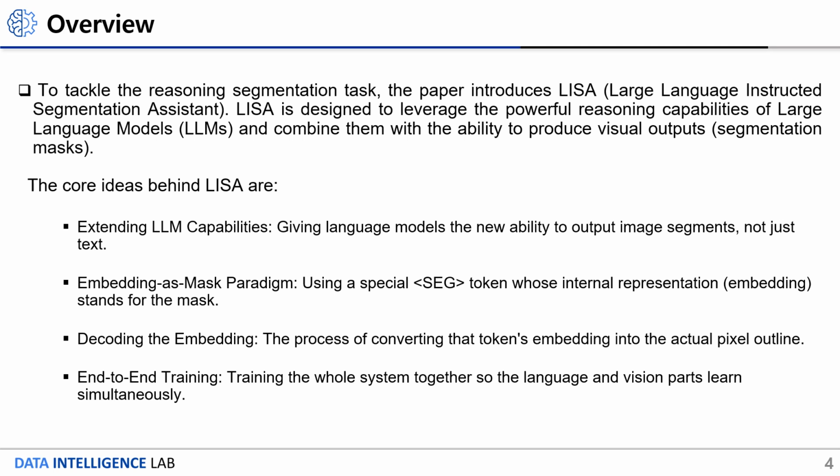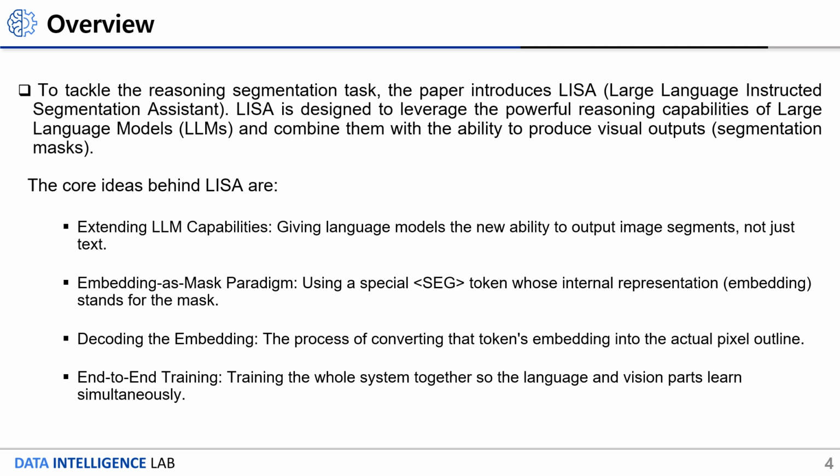The fundamental ideas behind LISA are as follows. 1. Extending LLM capabilities, giving language models the new ability to output image segments, not just text. 2. Embedding as a paradigm, using a special token whose internal representation, the embedding, stands for the mask. 3.